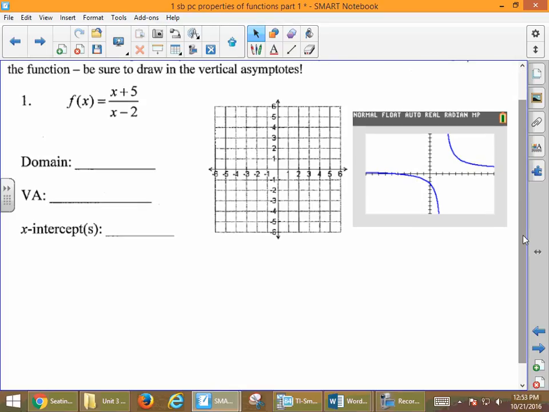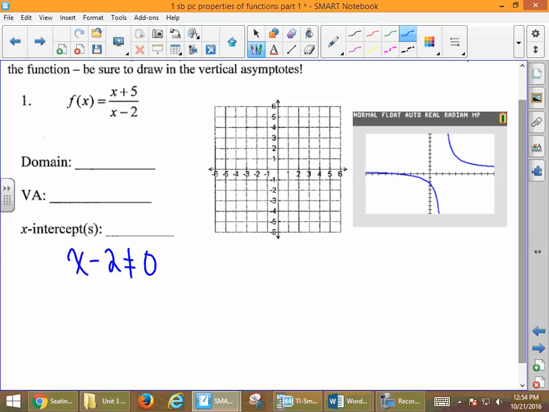And just a reminder here that the denominator is where we can recognize that fact. We take x minus 2, we add 2 to both sides, and we get x doesn't equal 2. There's our domain.